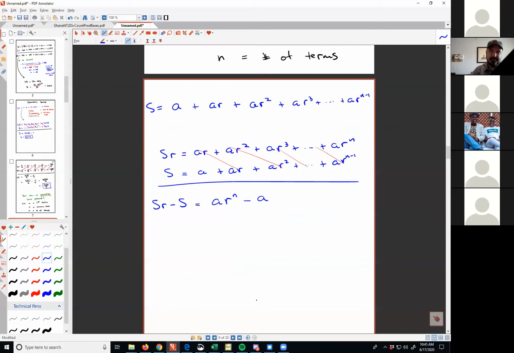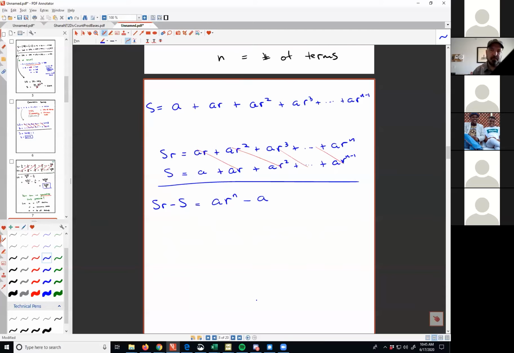We can divide both sides. No, wait. You can send the S out to the other side of the equal sign. Okay, we could add S to both sides to move S over, but then we've got S on both sides. I want to just get S alone. Right now we have an S times R and we have an S alone.